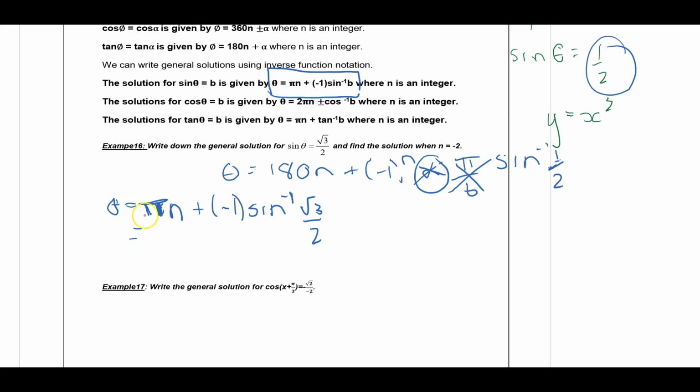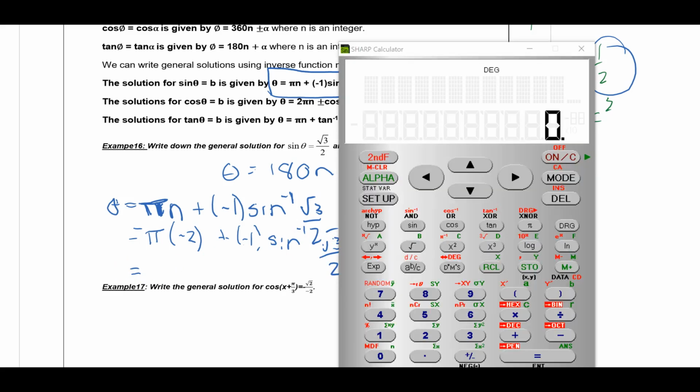Find the solution when n is minus 2. Pi times minus 2 plus or minus 1 to the minus 2 sine to the minus 1 root 3 on 2. Look, I'm going to do it on my calculator. I'm going to go second function sine root 3 on 2, and it gives me pi on 3.